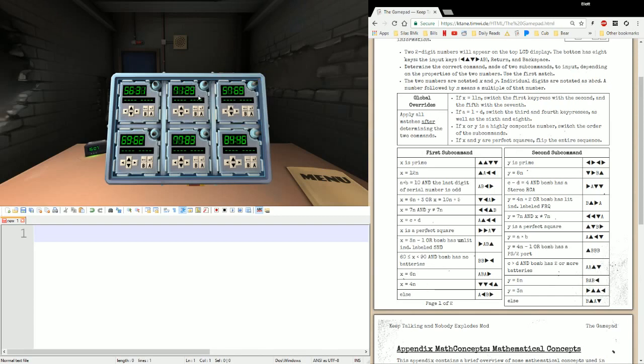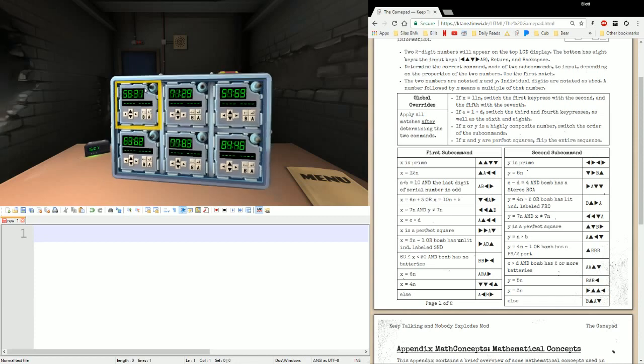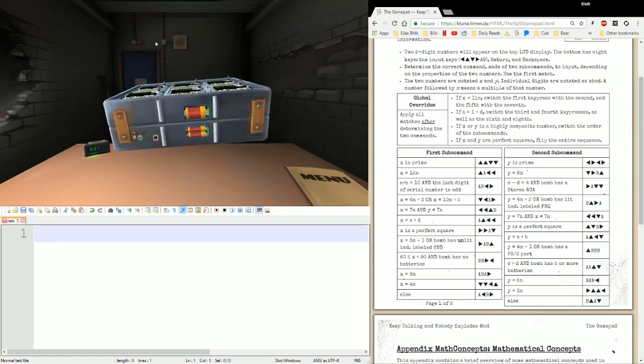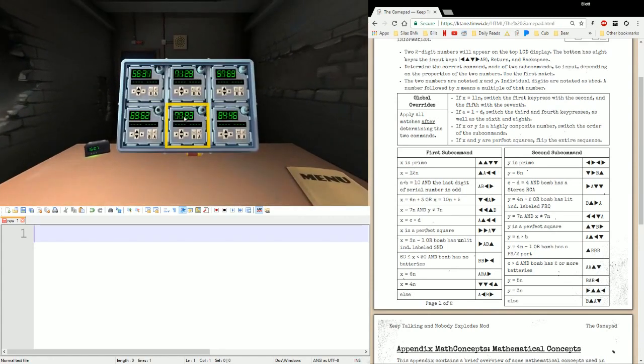I will mention that I do have the widget expander mod on, so there will be more widgets than normal in this. I wanted a chance to hit some more of the extra conditions, so let's take a look. We have seven batteries in 4 holders.